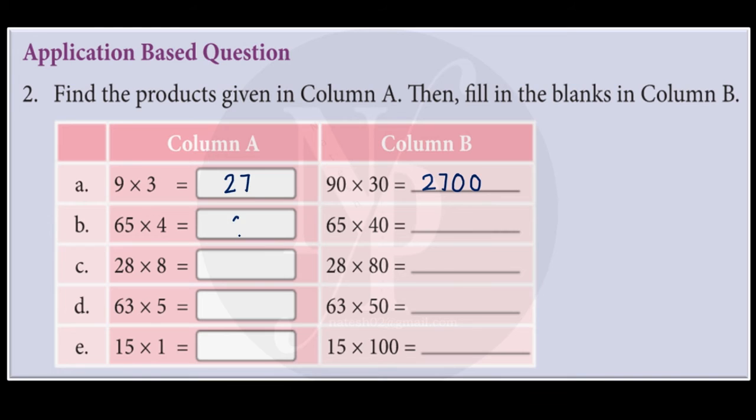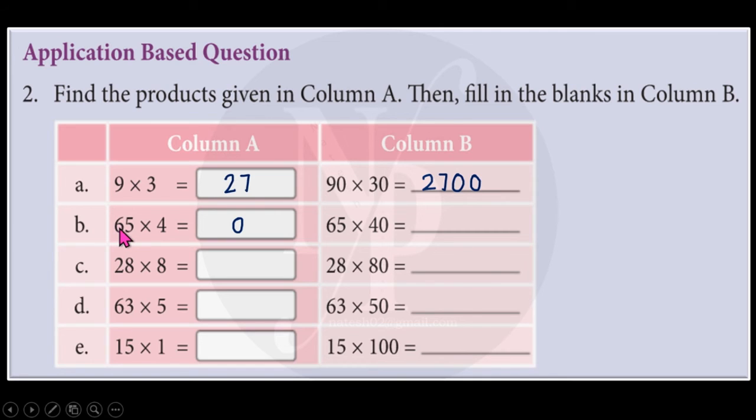So I write 0 here, and then 4 6s are 24. 24 plus 2. Since we multiplied 4 5s are 20, and there is a 2 carry here, and when we multiply 4 and 6, 4 6s are 24, and we should include that carry 2.